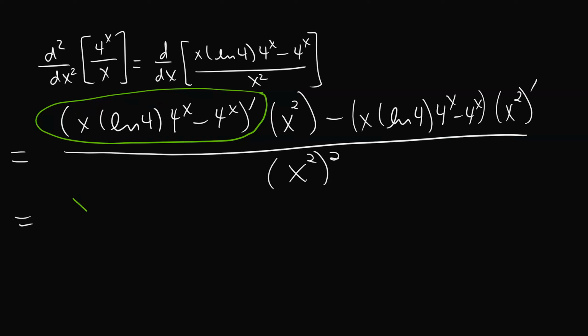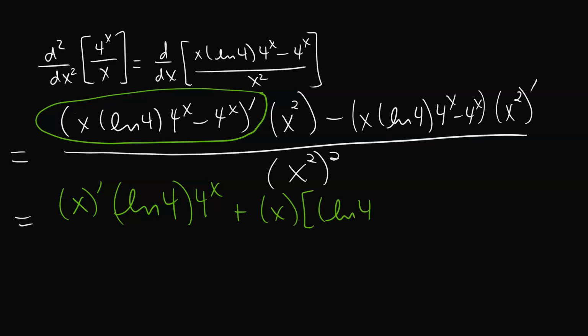So we have the derivative of the first times the second, and I'll just call the natural log of 4 times 4 to the x the second function, plus the first times the derivative of the second, and I'm just going to use a bracket there. You can use whatever notation works for you.